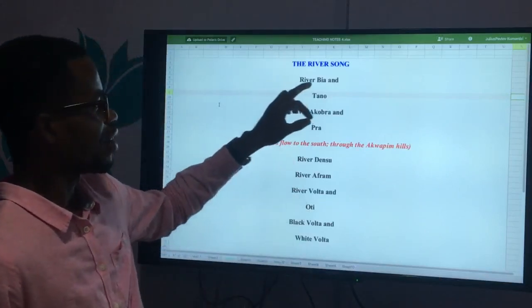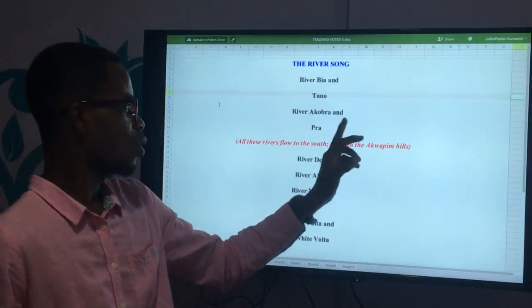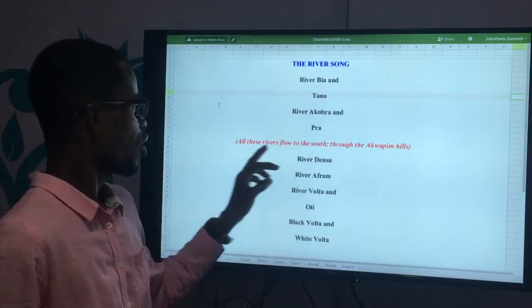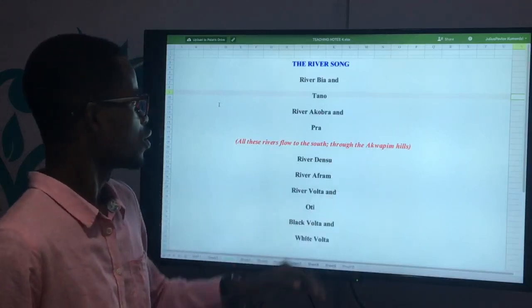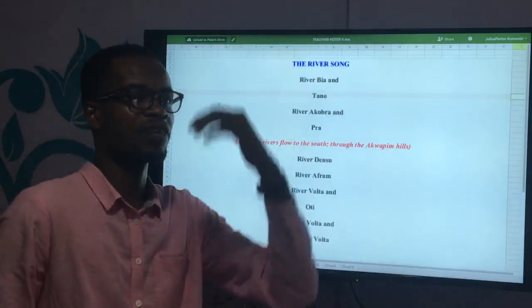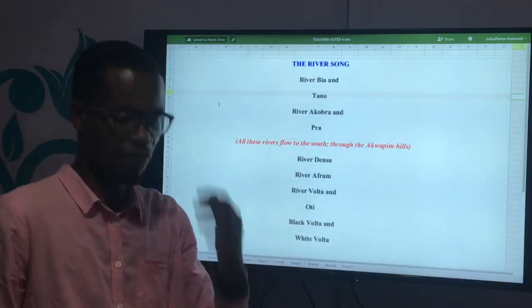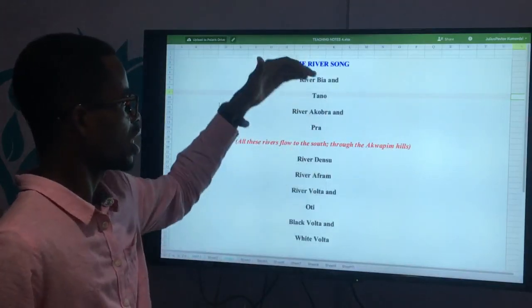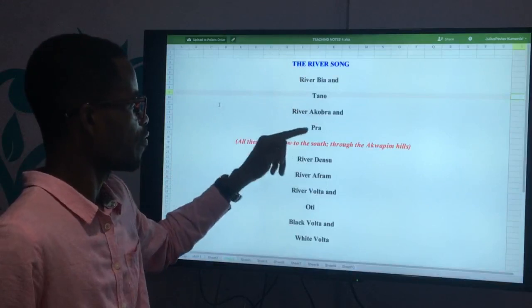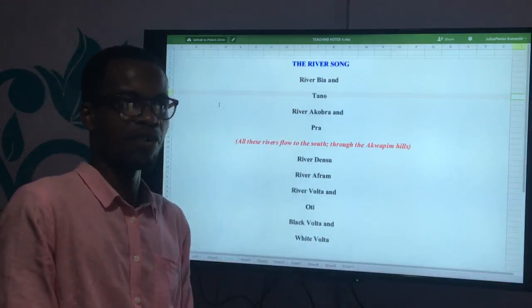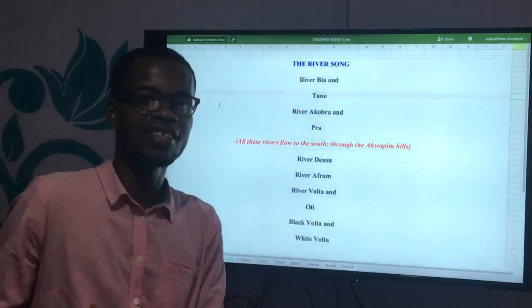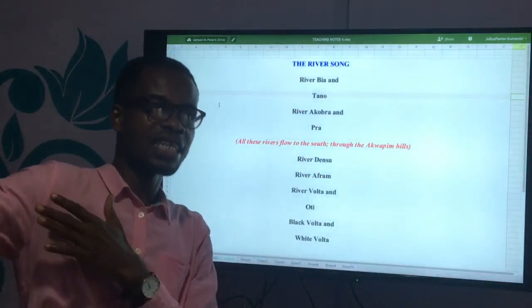So he said, River Bia and Tano, River Ankobra and Pra. All these rivers flow to the south through the Equapim Hills. I told you that most flowing rivers have their source from a highland. Now look at 1, 2, 3, 4. You know that River Volta enters the sea in Adan and even Keta.